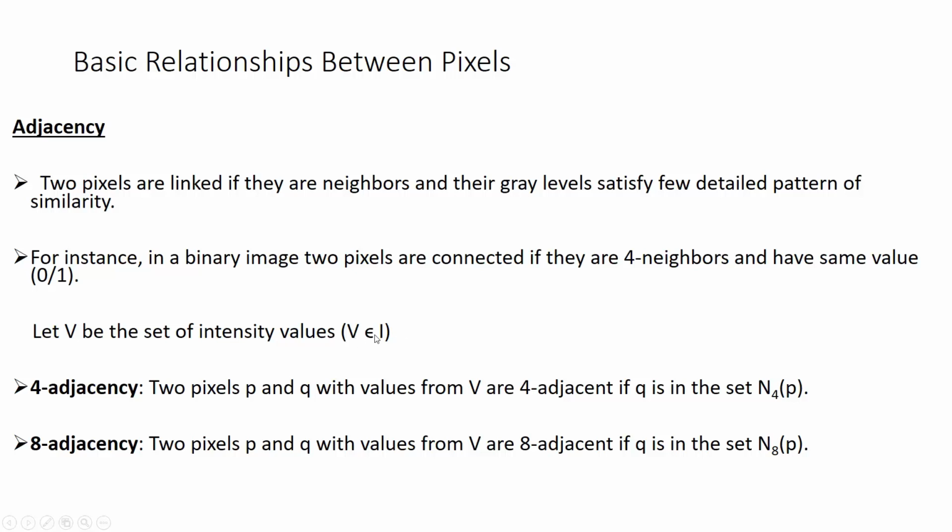For adjacency, two pixels P and Q with values from V are 4 adjacent if Q is in the set N4(P). For 8 adjacency, two pixels P and Q with values from V are 8 adjacent if Q is in the set N8(P).